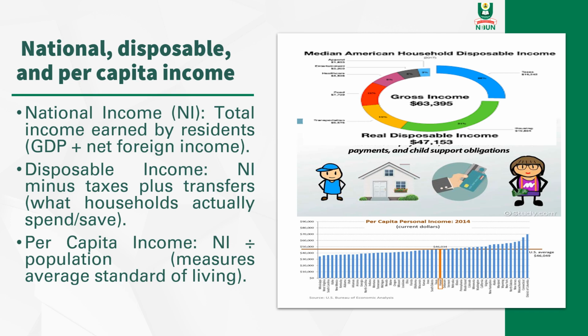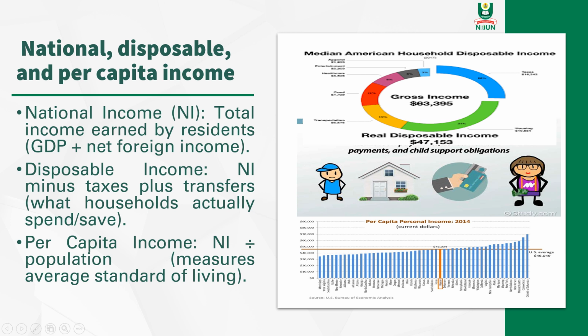If you look at the per capita income of the US in 2014, it was actually $46,049.